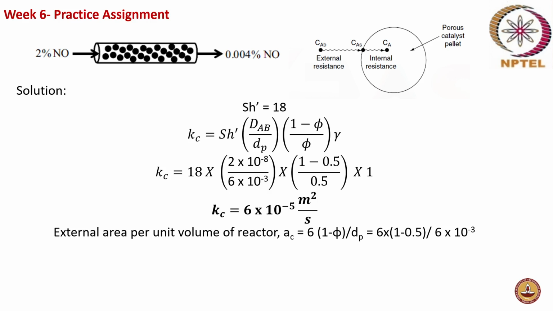So we can find out the external area per unit volume of the reactor AC. That is equal to 6 into 1 minus 0.5 divided by 6 into 10 power minus 3. So you will end up with the external area per unit volume of the reactor AC equal to 500 meter square per meter cube, right?